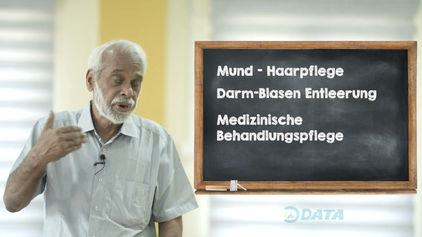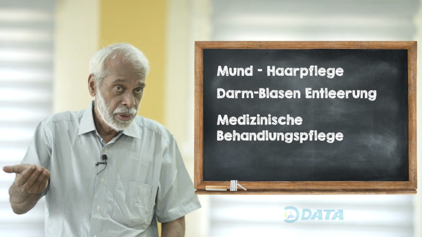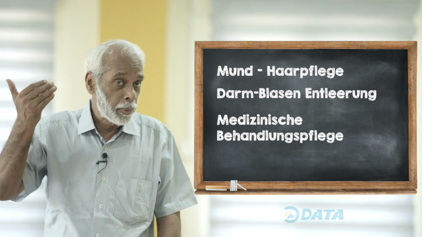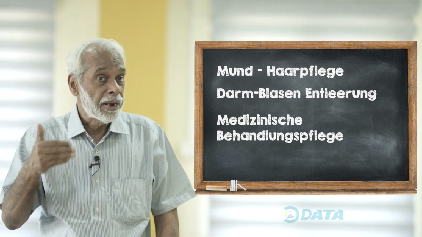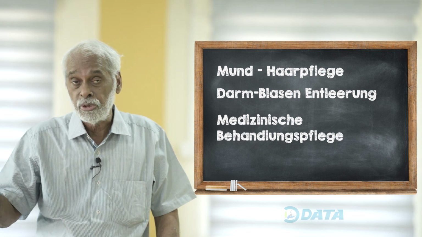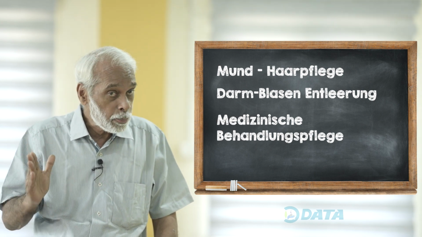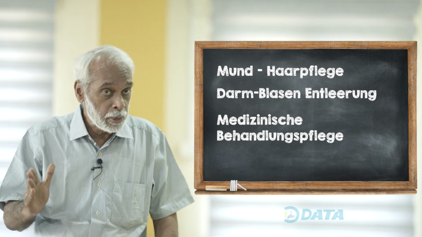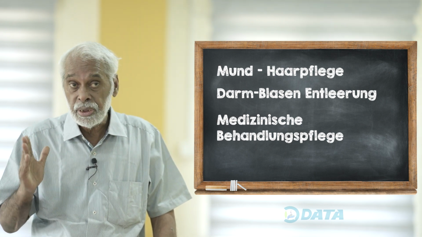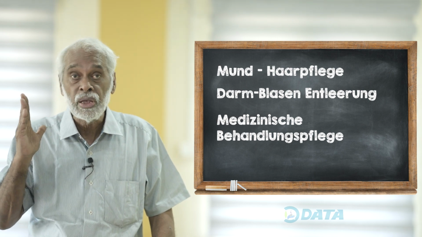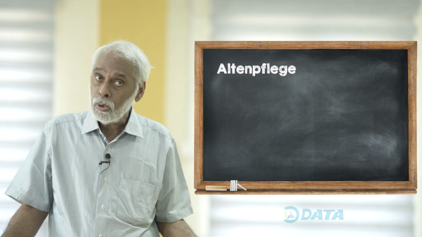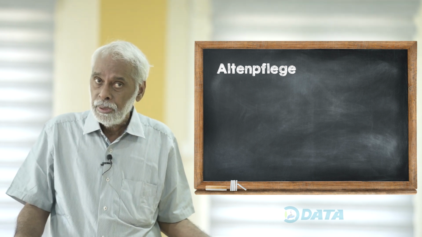The doctor will prescribe many medicines to give to the patient, and you have to administer these medicines at the proper time in the proper dose. That is what is meant by medizinische Behandlungspflege.